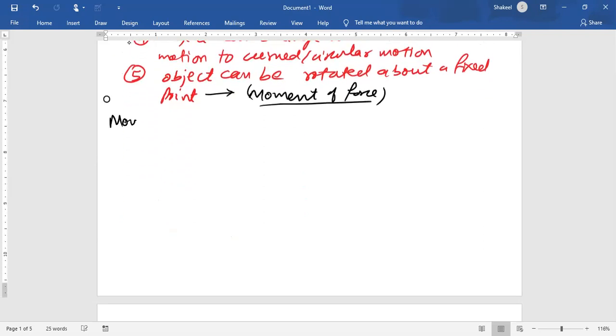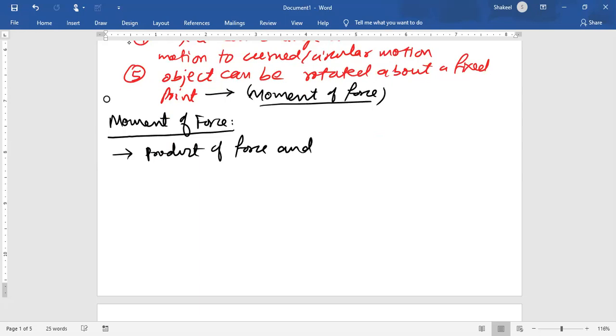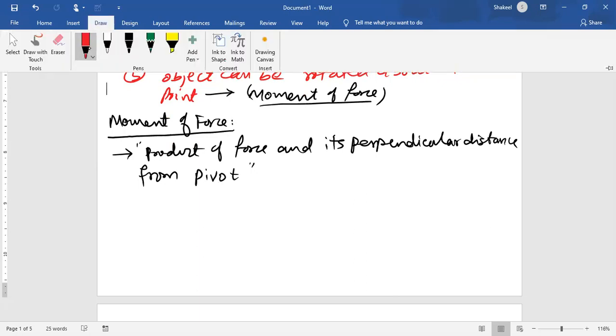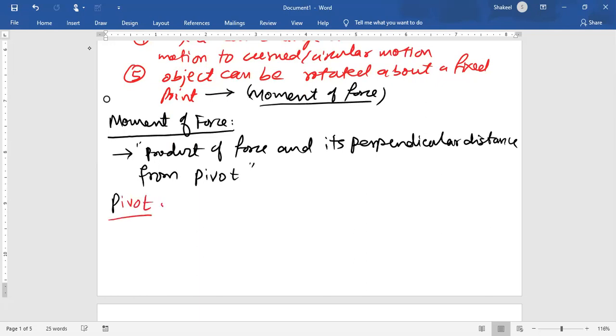So if we go into the definition of moment of force, the exam definition is: the product of force and its perpendicular distance from the pivot. In this, first we have to look at what the pivot is.